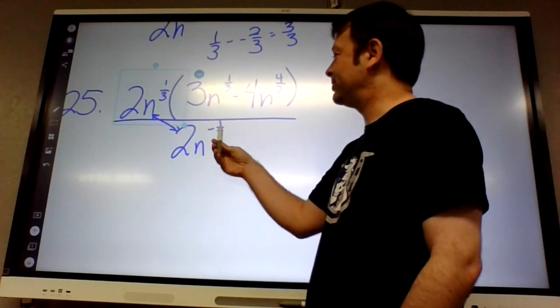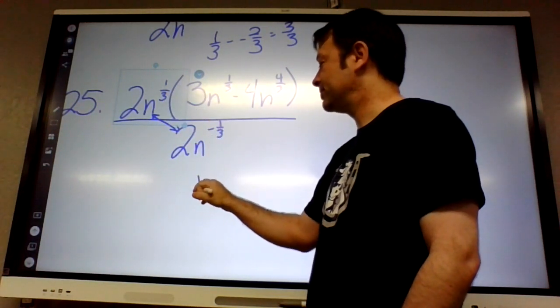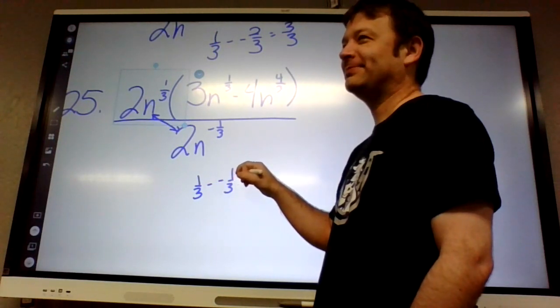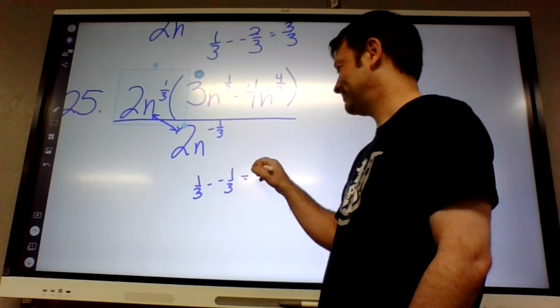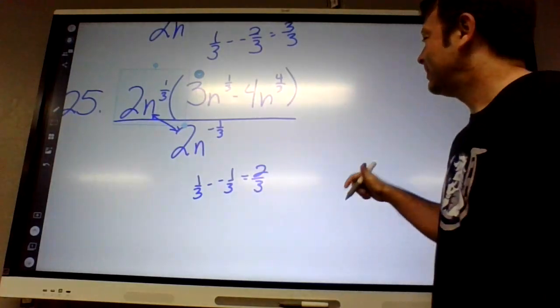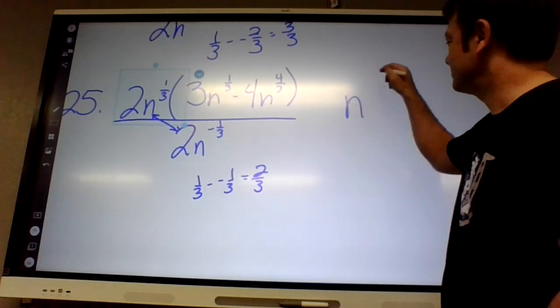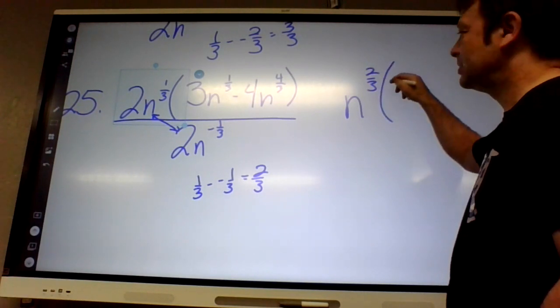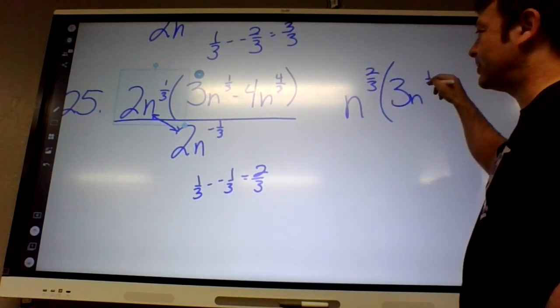1/3 minus negative 1/3 is 2/3, yes. Great. So now we can distribute that.